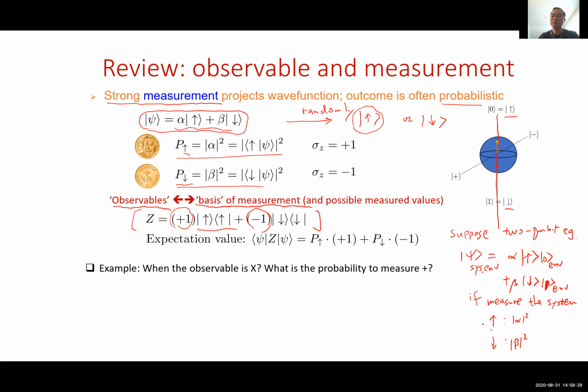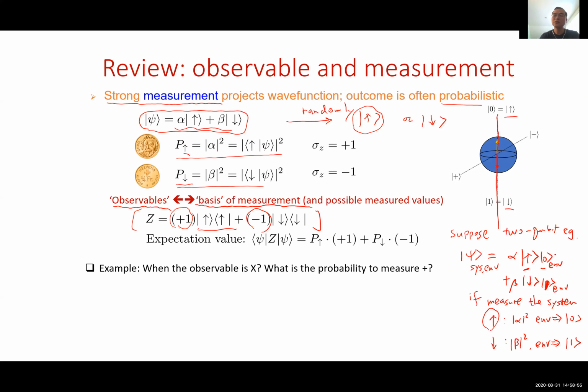But when we measure up, this is the only possibility: up and 0 is associated. So the environment will become 0 in this case, and in the case of measuring the system being down, the environment would become a 1, right? Because these are the only two possibilities.